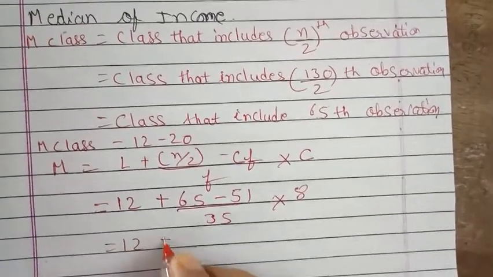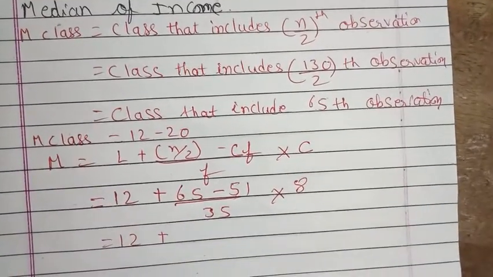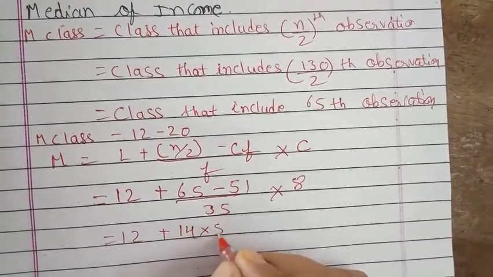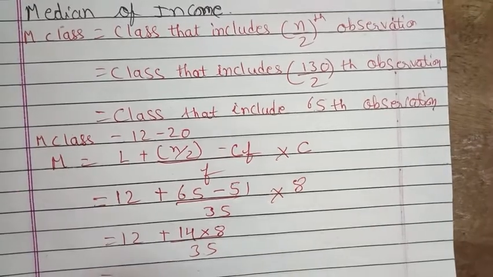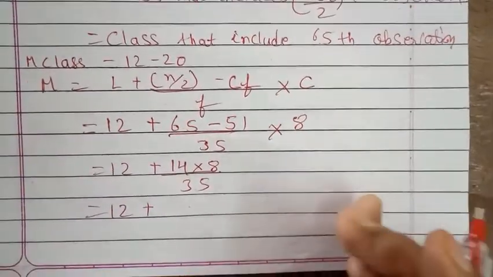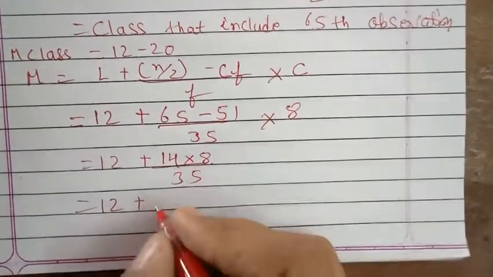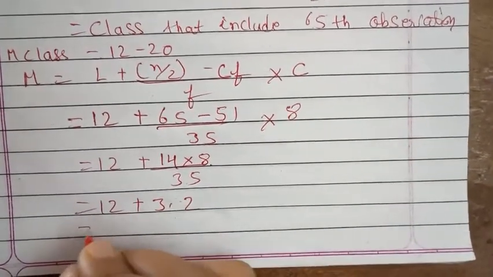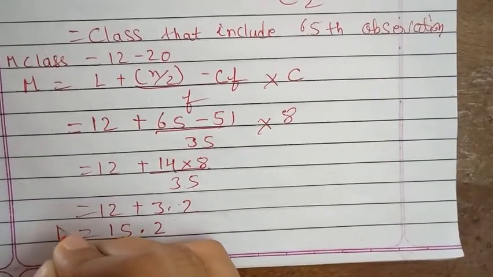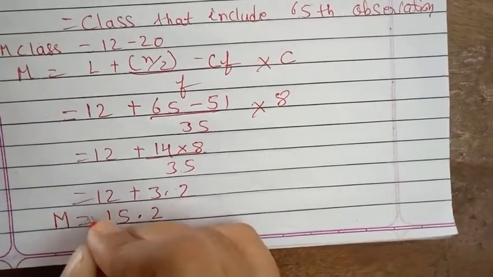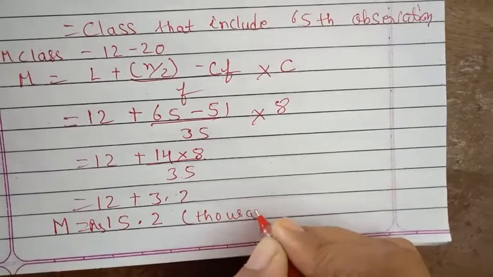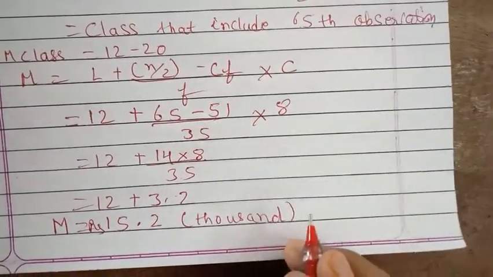So 12 plus 65 minus 51, that is 14, and 14 into 8 divided by 35. So 14 into 8 divided by 35, we will get 3.2. So our answer is 15.2. That is, the median answer is 15.2 thousand, the median monthly income.